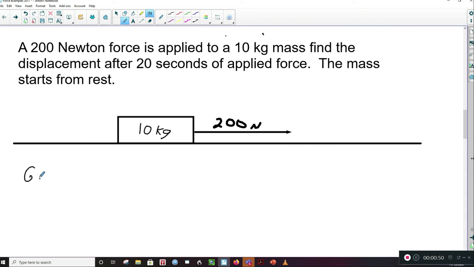So let's start with our givens, as we do with all problems. And we see we have a mass of 10 kilograms. We also have a force, F1, of 200 newtons. And we see that there's a time of 20 seconds.